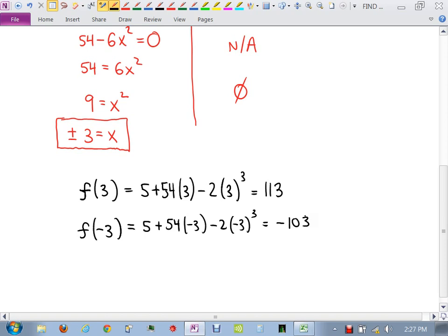So now, when you looked at these two critical numbers, what that's saying is that, look, if I just go out and look at this graph, and I go out to 3, my function's way up at 113. And if I go out to negative 3, it's way down here at negative 103, something like that.